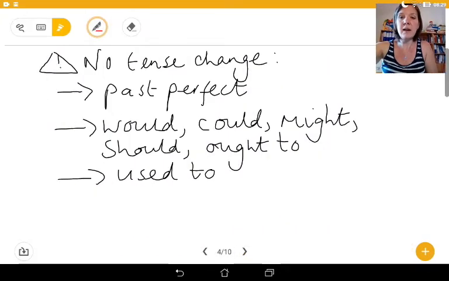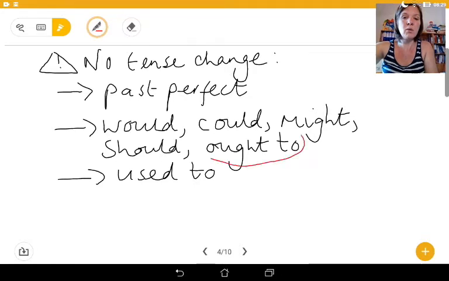Okay, here I've prepared other situations where there is no tense change, okay? So when you have the direct speech in the past perfect, it remains in the past perfect in the reported speech, okay? Other verbs where there is no tense change, all of these modals, would, could, might, should, and ought to.